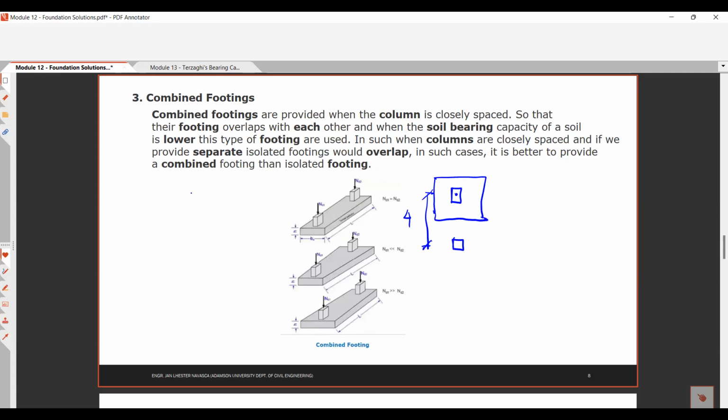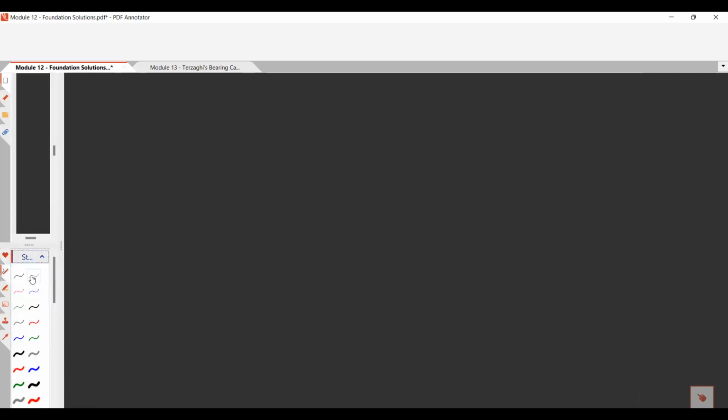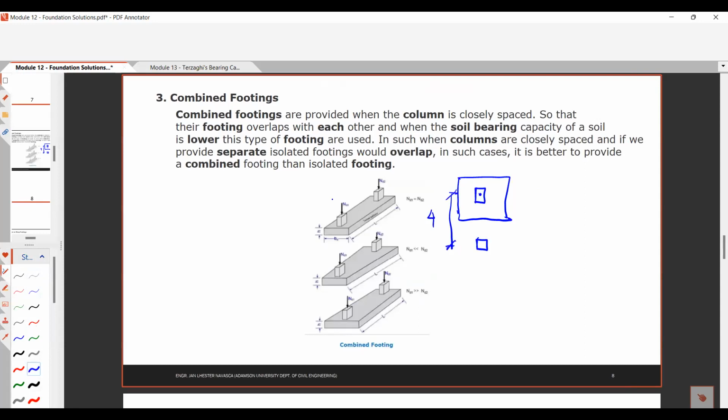And you analyze your second column also as an isolated footing, and you found out that the required dimension is this one. Okay, maybe different colors. This one.